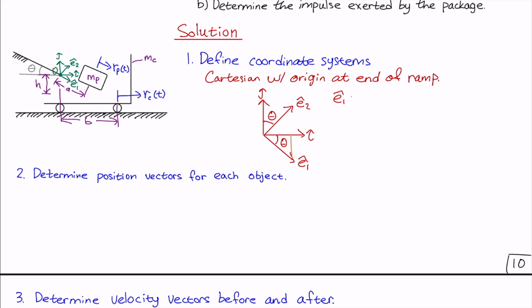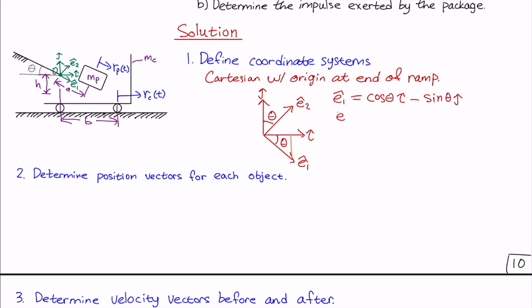Given the angle theta, we're going to end up with a cosine term in the I direction, so cosine theta I. And then in the vertical direction, we're going to have sine theta j, and it's going to be in the negative direction. So minus sine theta j.